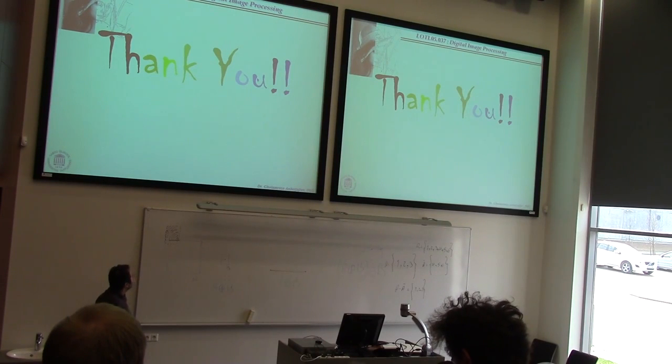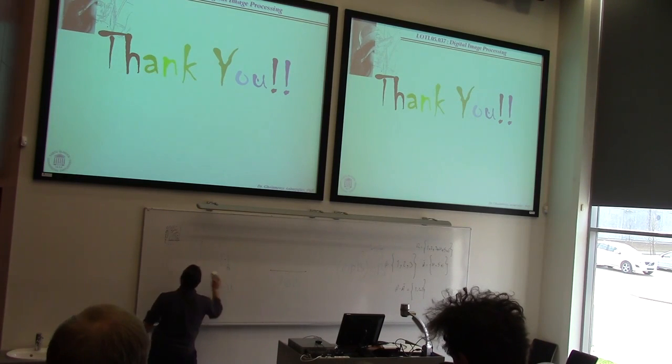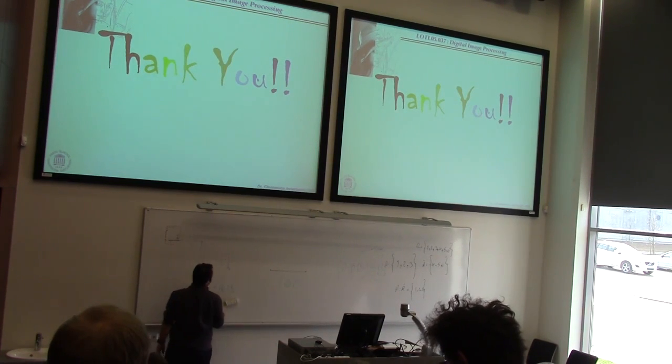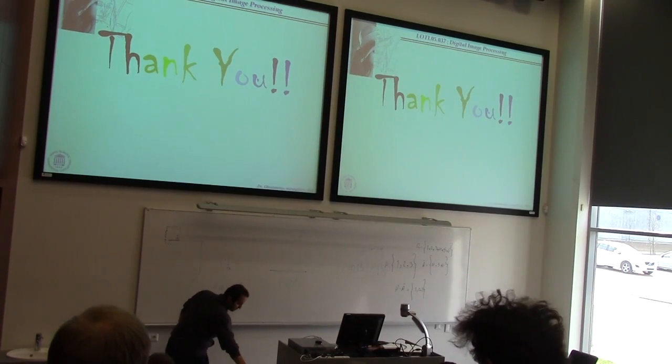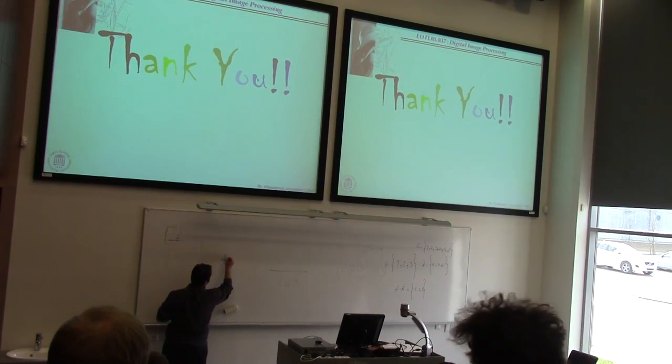I think it's enough for today, but we have to be careful about the structural elements. For example, if we have something like this, 1, 1, 1, 1, 1, 0, 0, 0, 0.